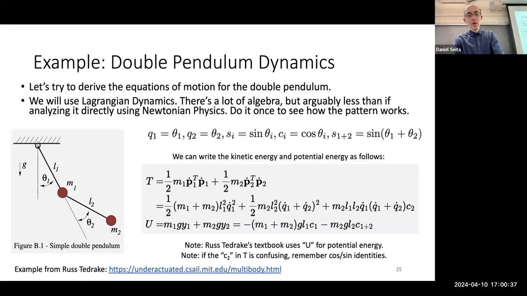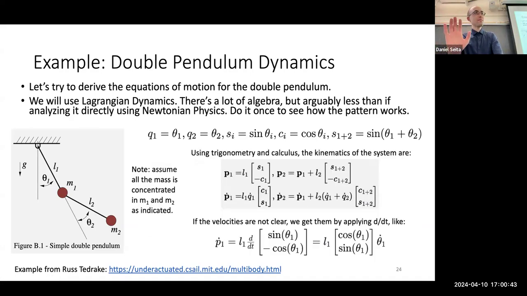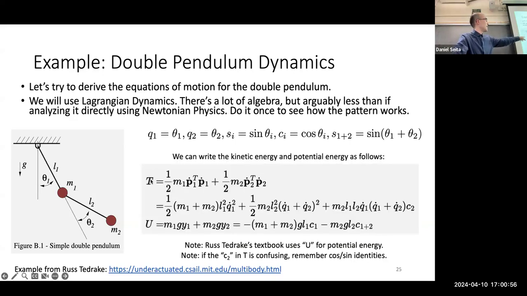How do you go from these equations to defining T here?